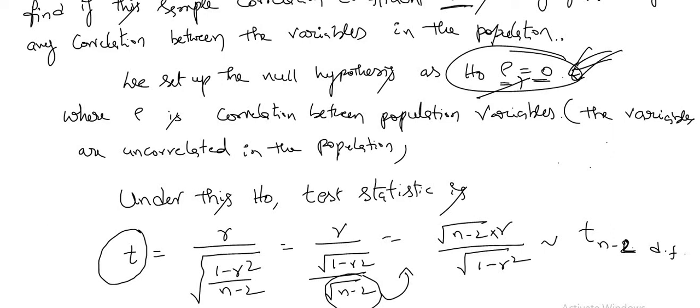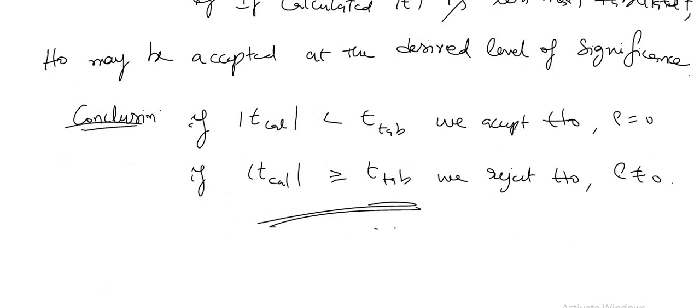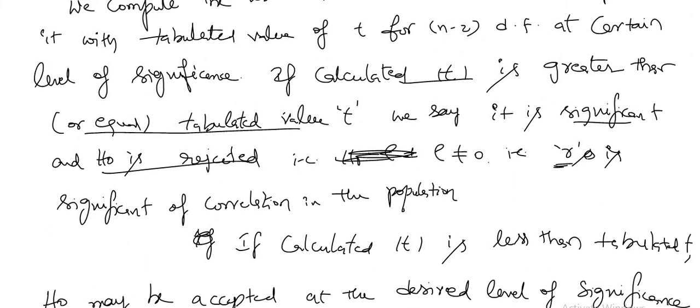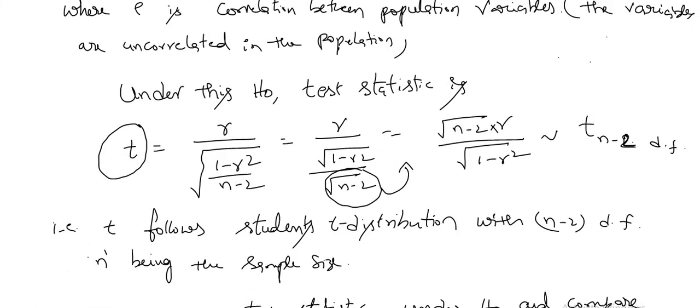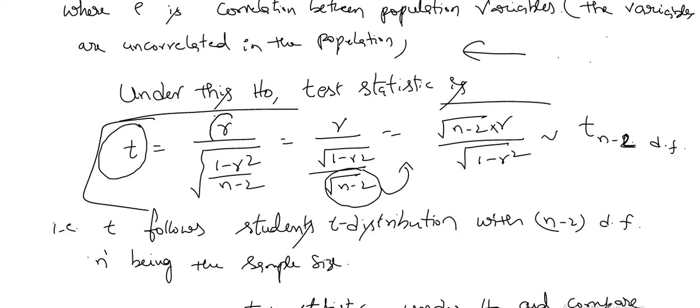So we will look at the problems. That is what we need to check here. This is the statistic we use under this null hypothesis. Here r is the sample correlation coefficient and n is the sample size. You just substitute it, and this value follows a t distribution with n minus 2 degrees of freedom. You all know how to read the table values of the t distribution.